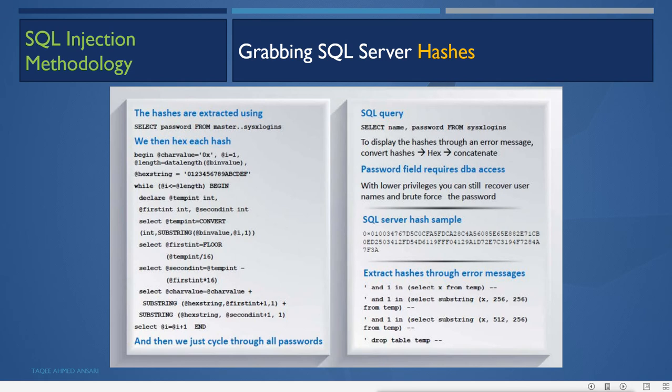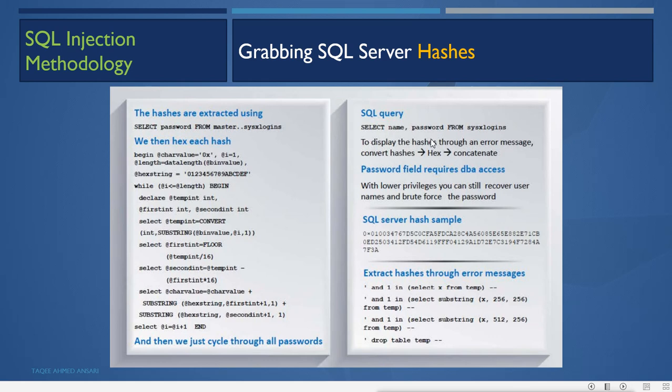That means it will convert the hash into hexadecimal, and then we just cycle through all passwords, and then one by one it will go through all the passwords. So the first query is to extract the hash, and the second it will do for converting the hash into hexadecimal. In the SQL query, select name, password from syslogins.